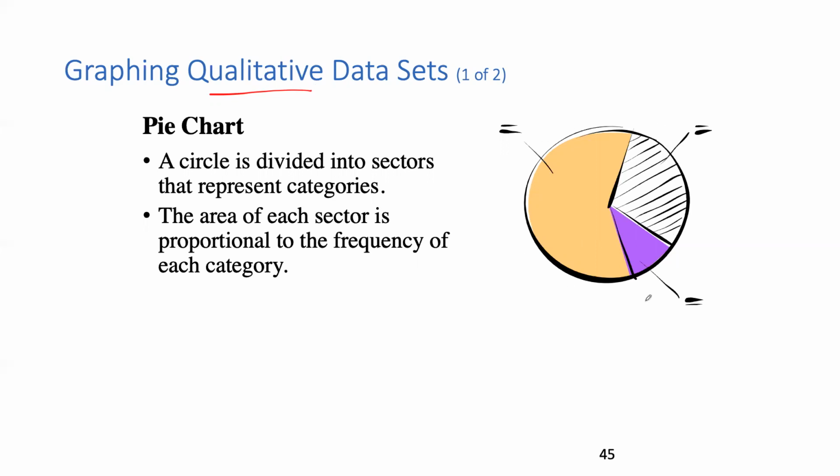You start with a circle or a pie, and then you divide up the circle into different sections or sectors. The technical term for this is a sector. So you're going to divide up this pie into different sectors where each sector represents one particular category. There are multiple different categories and each sector represents one particular category.